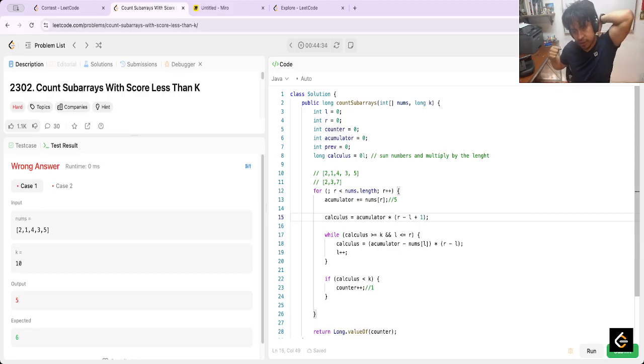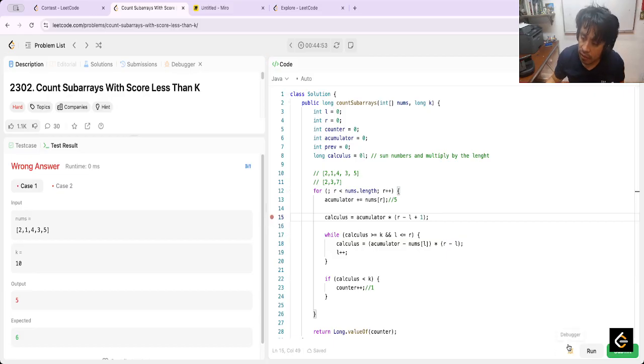Next, calculus is greater equal k, and L is minor equal R. Calculus is equal accumulator less nums in the position L. Is this R plus plus? Okay, I need to debug.